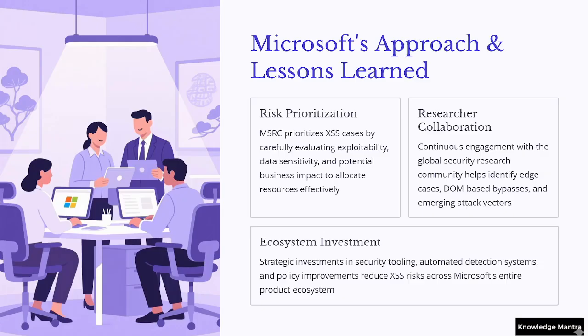Microsoft Security Response Center (MSRC) doesn't treat all XSS bugs equally. They carefully evaluate exploitability, data sensitivity, and business impact to decide which issues get patched first. This smart triage system ensures that the biggest threats are neutralized fast.